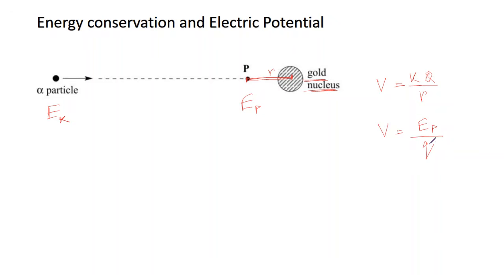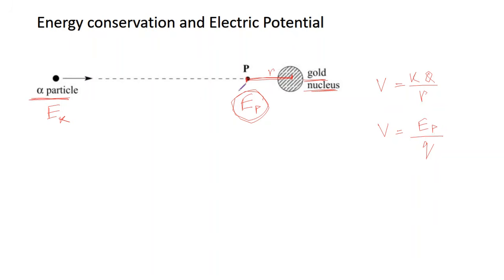So why do I have a different charge here? Because when an external particle like the alpha particle approaches the gold nucleus, this alpha particle gains this potential energy, electrostatic potential energy. So this is when the charge will be of the alpha particle, because the gold nucleus did not gain this potential energy.